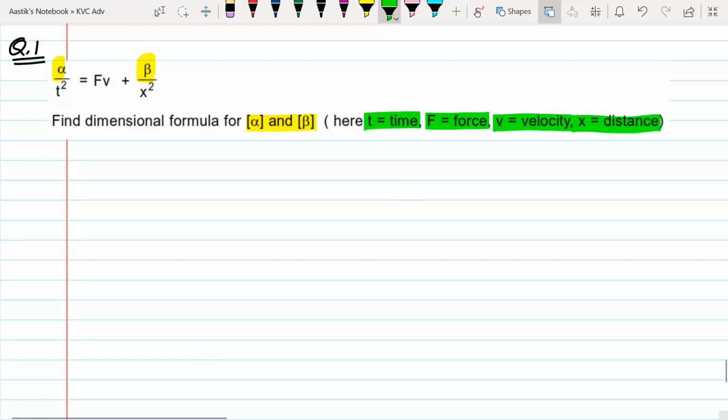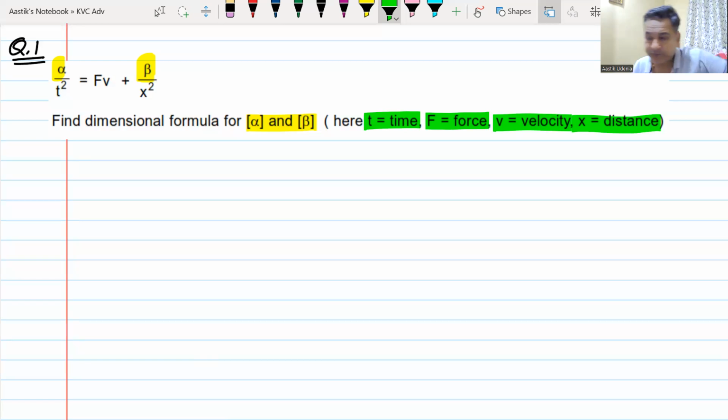T is time, F is force. How are you going to get the value of alpha and beta? X is distance.